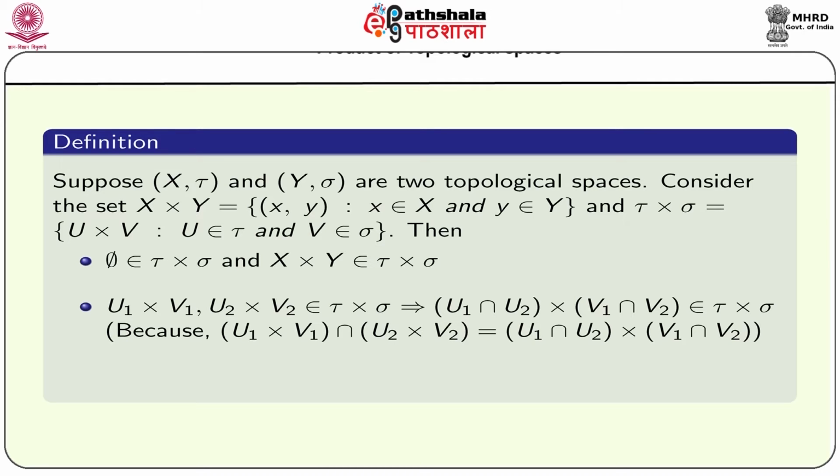Whenever we take two members from tau cross sigma, one is U1 cross V1, the other one is U2 cross V2, then (U1 intersection U2) cross (V1 intersection V2) is again in tau cross sigma.